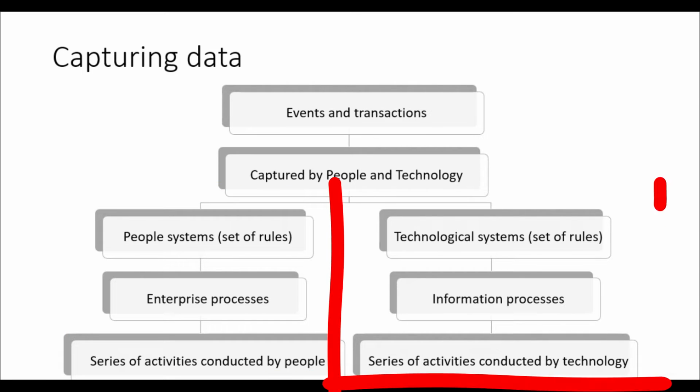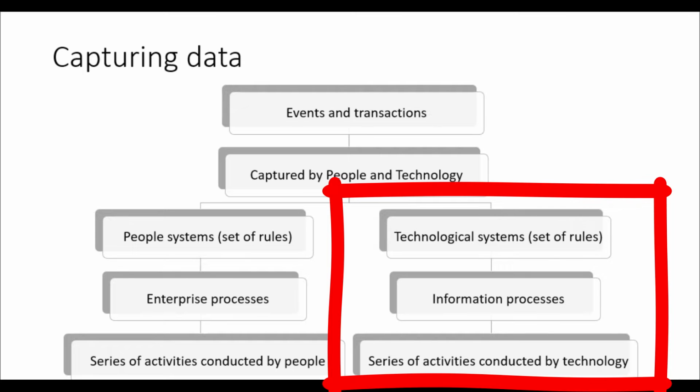Then there are technological systems that follow sets of rules. There are information processes to support these systems, and each process has a series of activities conducted by technology.